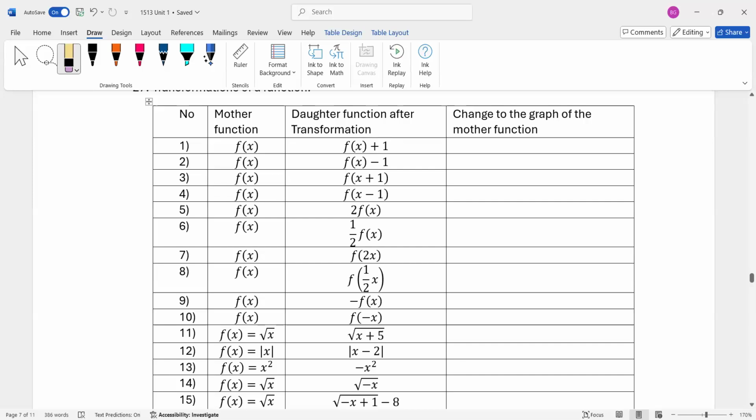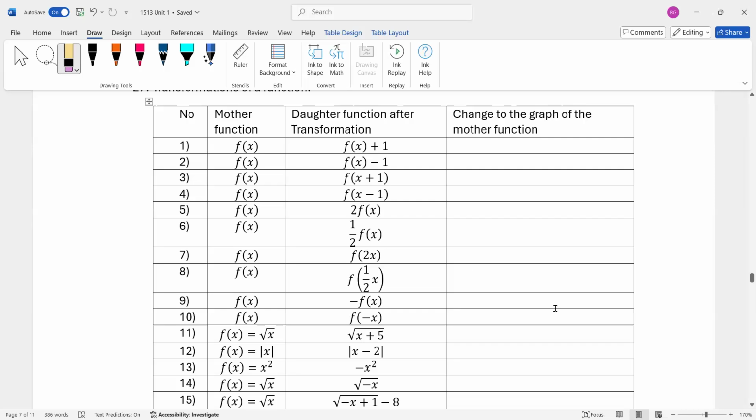We only learn 10 types of transformations. We want to know for each transformation, how we change the mother function. How do we transform the mother function to the daughter function? And how the graph of the mother function changes to the graph of the daughter function. So that's the focus of today.